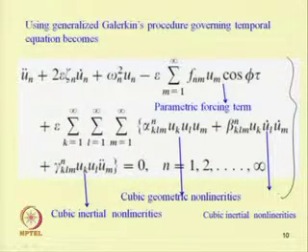Here u n is the time modulation, zeta n is the damping parameter, omega n is the natural frequency, and f n m is the forcing term. These two are the cubic geometric nonlinearity and this is the cubic inertial nonlinearity.